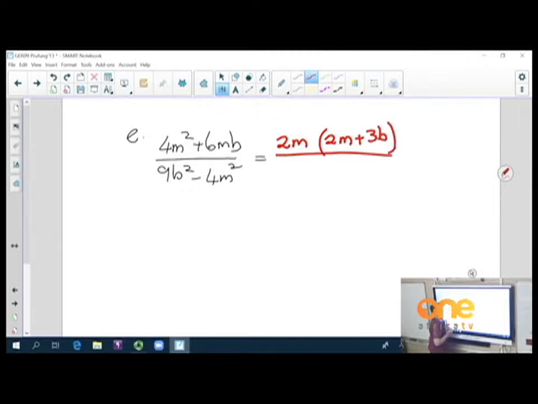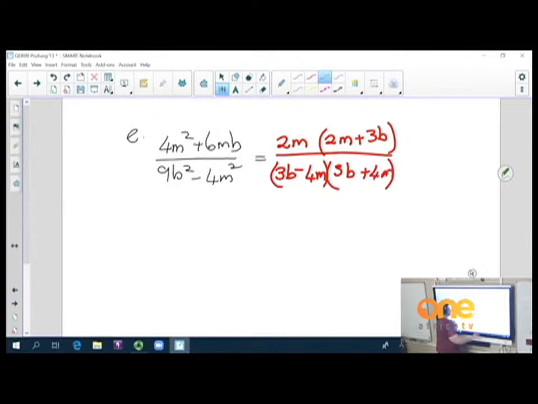What is this? Two numbers, so it's the difference between squares. Everything is square numbers here, so I get the square root, 3b minus 2m, 3b plus 2m.